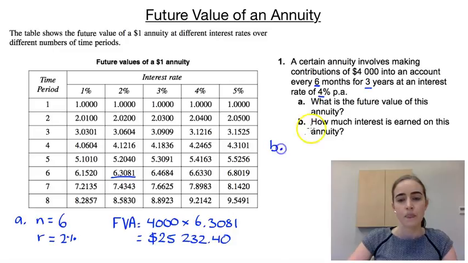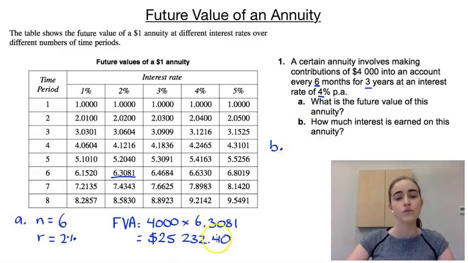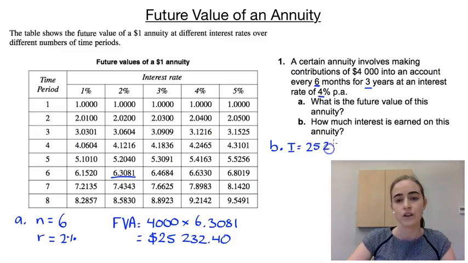Part B just asks us how much interest is earned. Now, this $25,232.40, that's the sum of all of our contributions plus any interest that was earned. So to figure out the interest, we're going to go this future value minus the sum of all our contributions. So our interest is going to be that $25,232.40 minus we invested $4,000 every 6 months for 3 years.